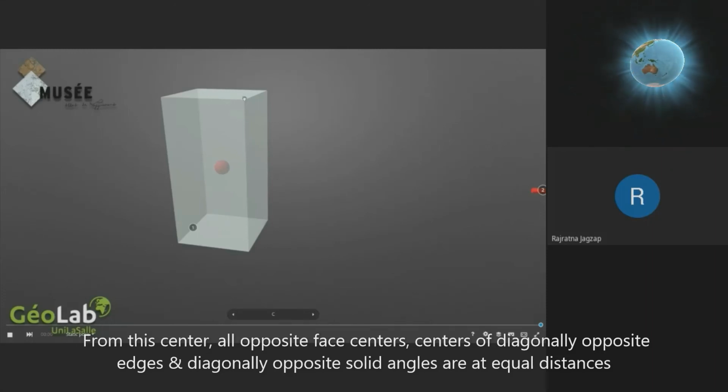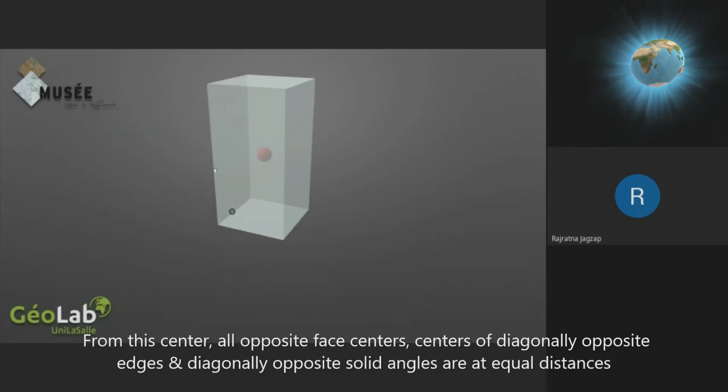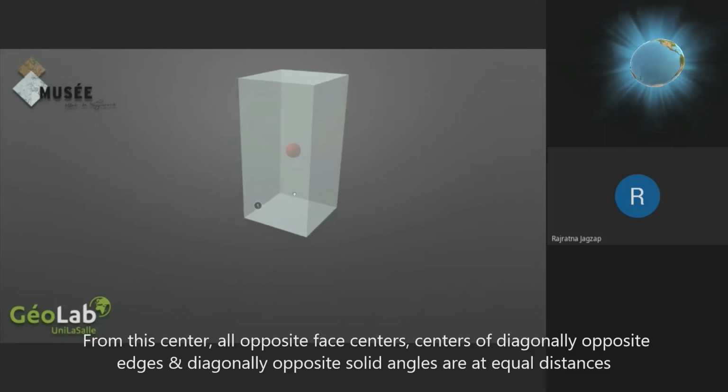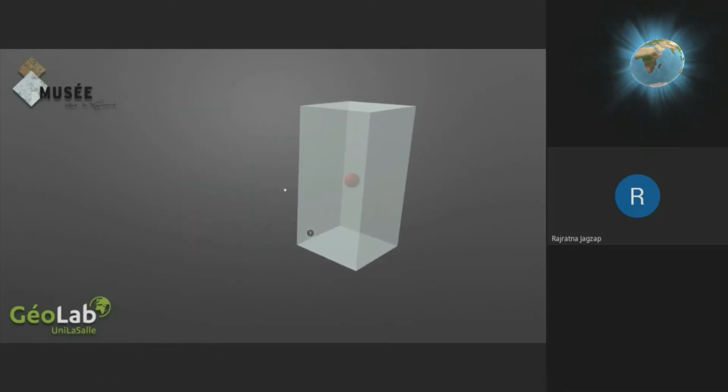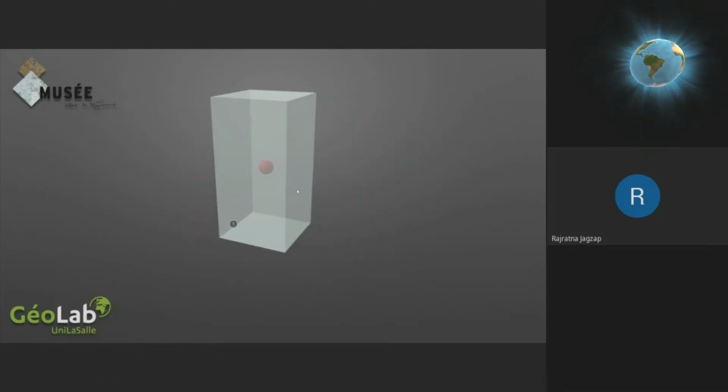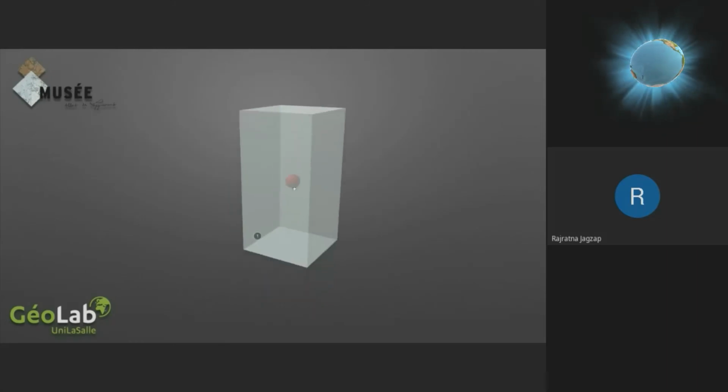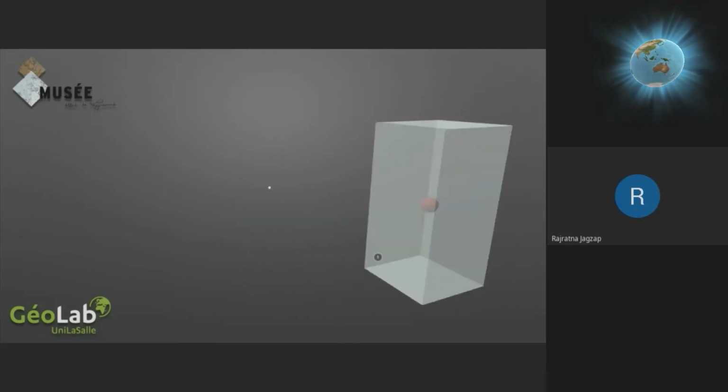From this to this, the distance is equal to from this to this. Or from this solid angle to this, this distance is equal to this to this, which is equal to this to this. This is the imaginary center of symmetry.